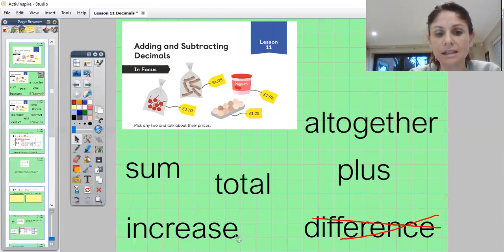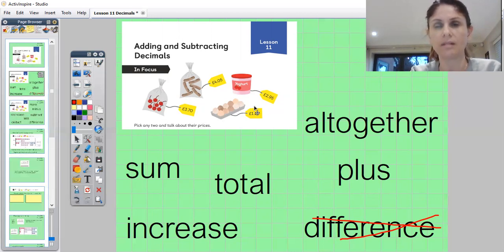This one here is a little bit different because we wouldn't necessarily be thinking about more than one product. We might just think about one product. So for instance, I go into the supermarket and there's a sign up that says the price of our eggs, because eggs are very popular at the moment.